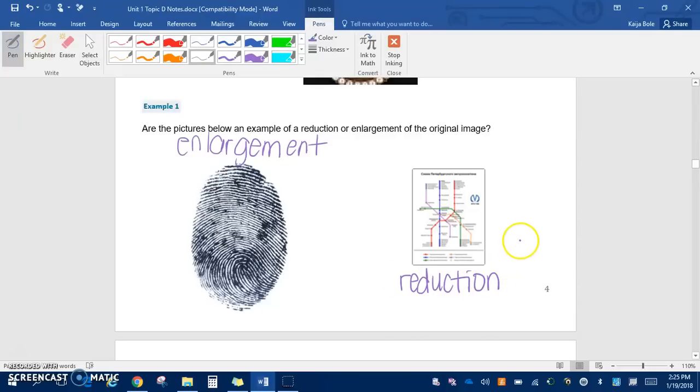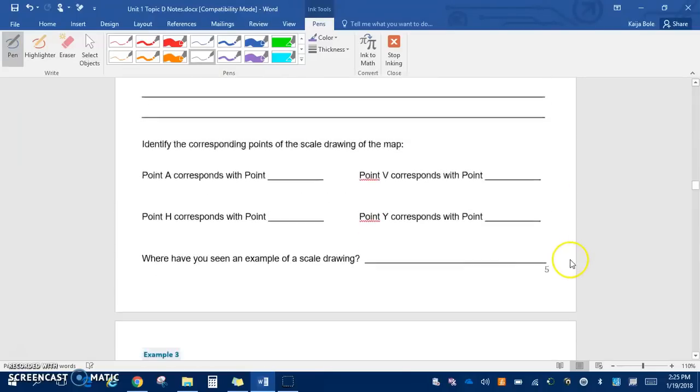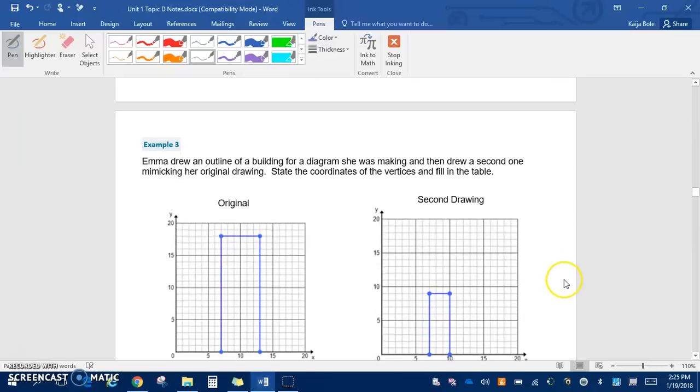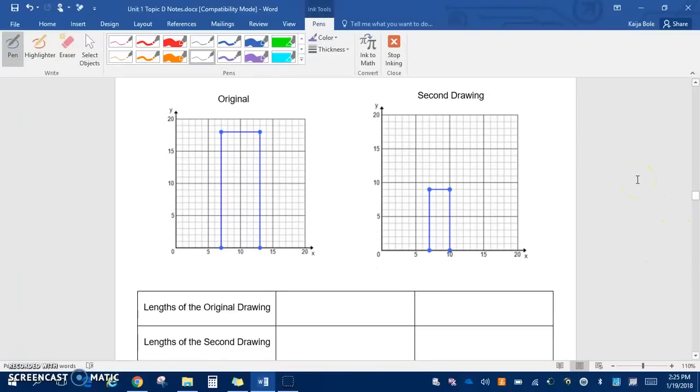All right. So if you go ahead and flip over to the next page, we're going to skip this page, and we're going to go on to the page where it says example 3. So this says, Emma drew an outline of a building for a diagram she was making and then drew a second one mimicking her original drawing. State the coordinates of the vertices and fill in the table. So we have this original and we have the second drawing.